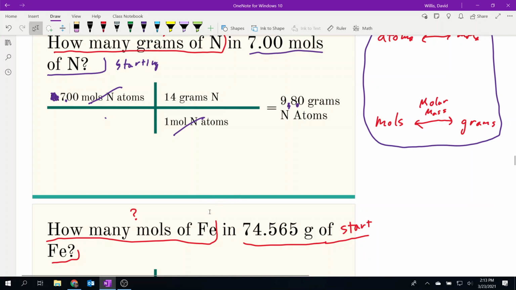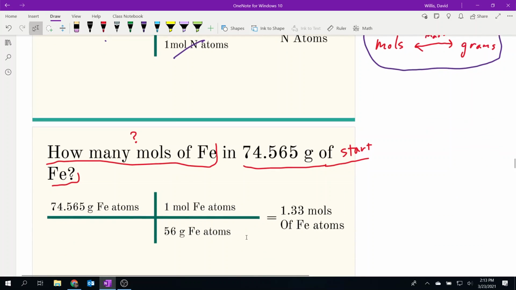Here where it says how many moles of iron, that is clearly going to be my end point. 74.565 grams of iron is my starting point, because that lets me know how many I have. So I'll start with 74.565 grams in the upper left corner, and then I will put grams in the denominator.